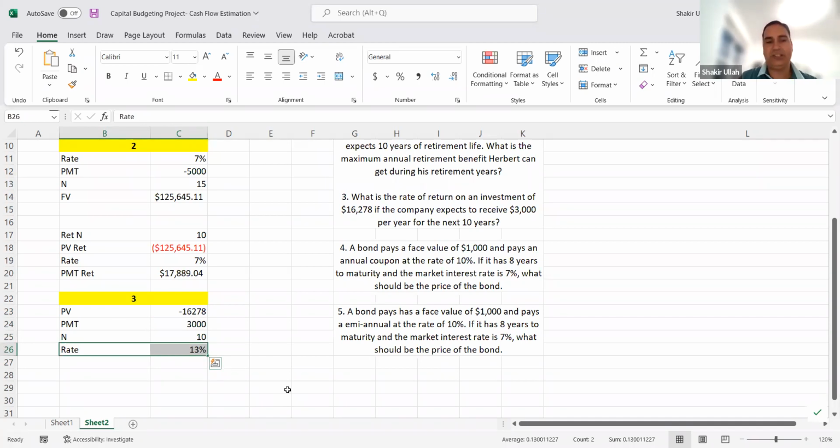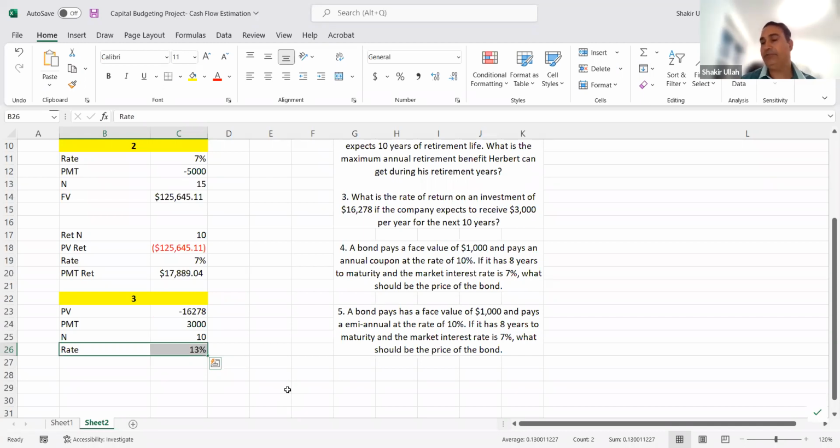Let's say that the market interest rate is 15%. Then you wouldn't go for this investment because the market is offering you 15% while this person is implicitly offering you 13%. But if it is the other way around, let's say that the market interest rate is 10% while this person is offering you 13%, then this would be a good investment, given that both opportunities have the same risk.